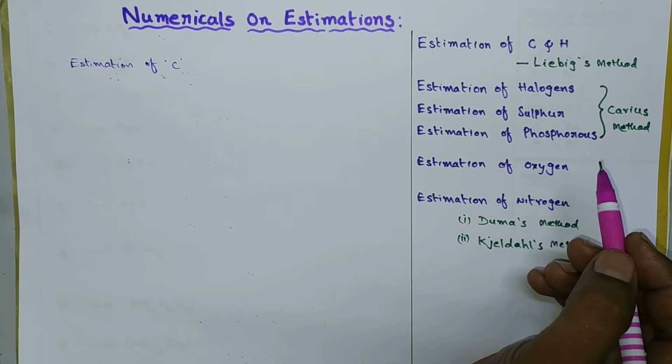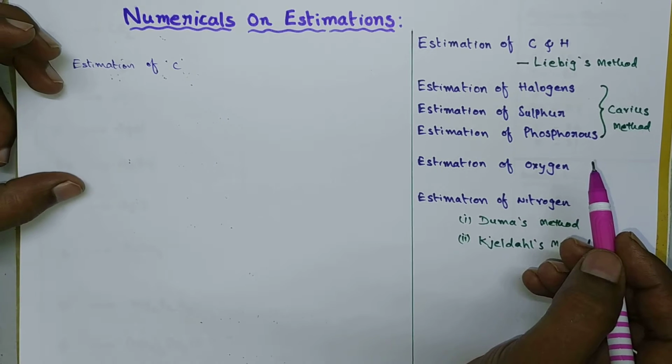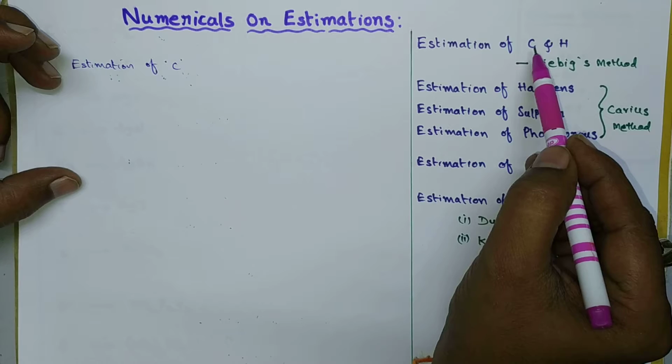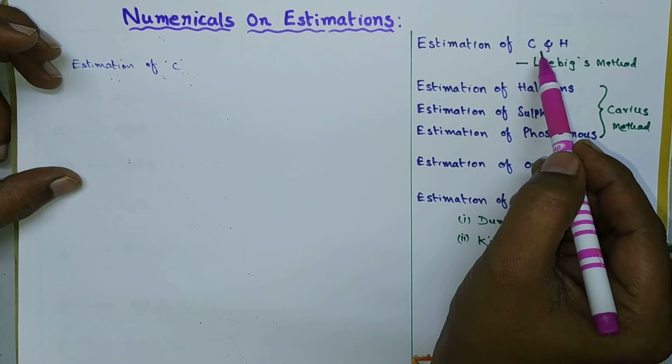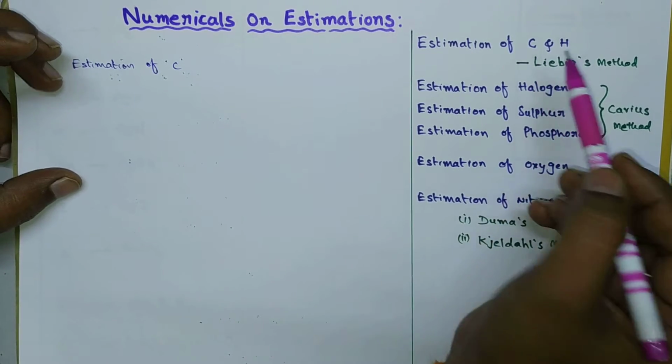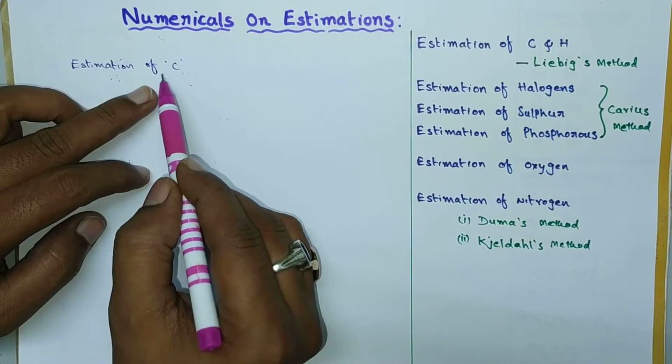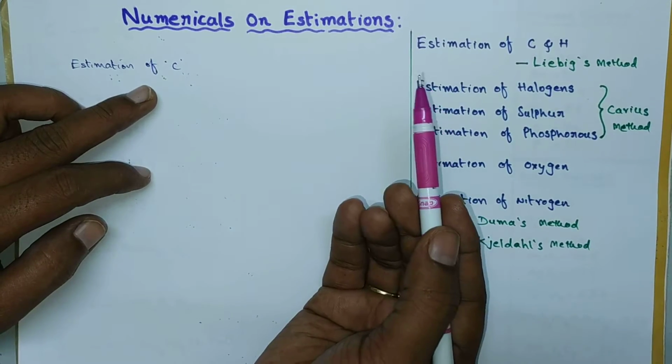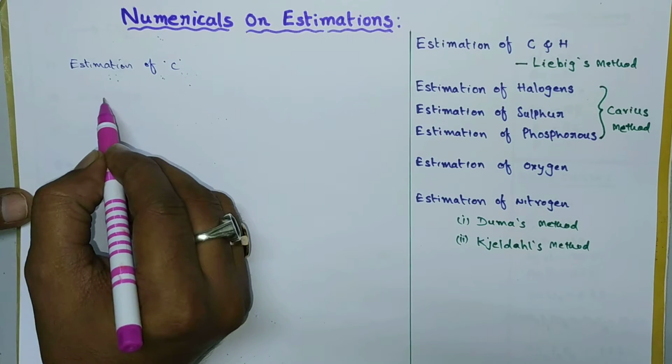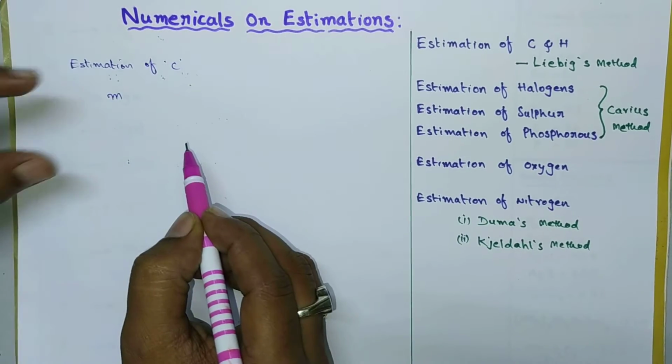Now we have to consider a huge amount of organic compound, in which we have to estimate the elemental carbon. In order to estimate it, we have to convert this elemental carbon into a suitable form. Suppose m grams of organic compound is there.